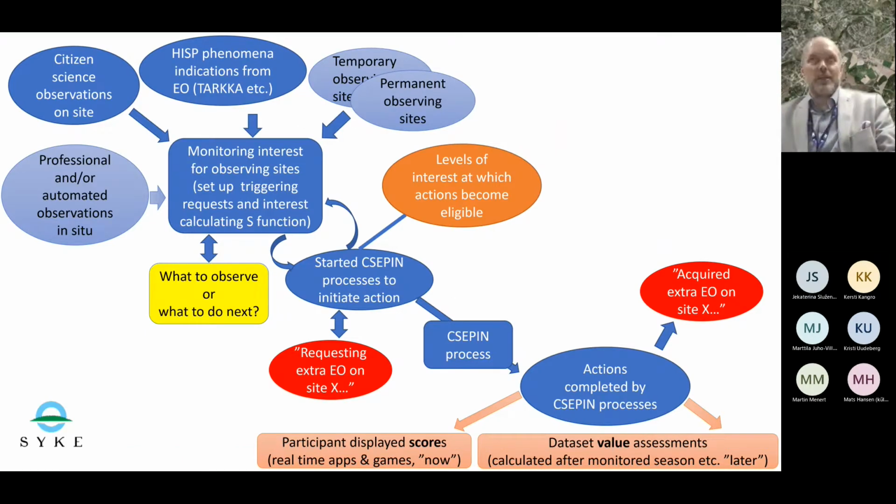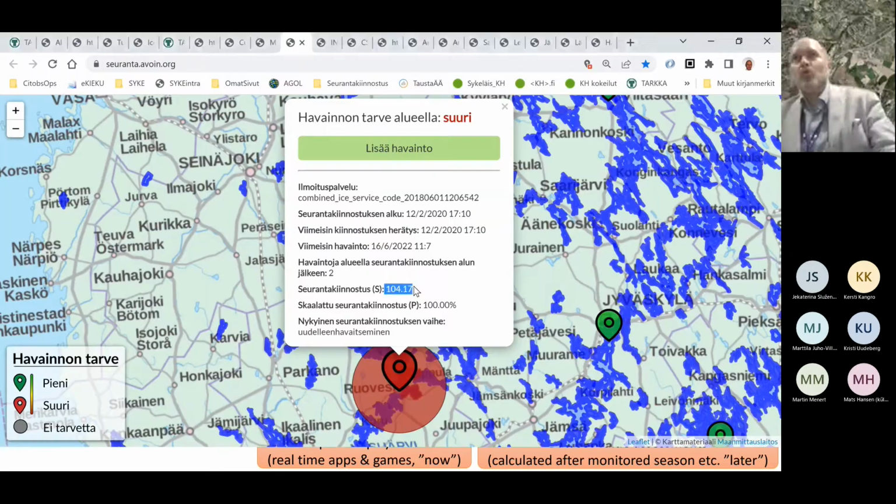And what this level of interest basically means is that we could actually state that, okay, if the interest in this location would go beyond 100%, it is actually obvious that nobody is looking into these images seriously, and nobody is sending this data. So it could be information for the next phases to take place.